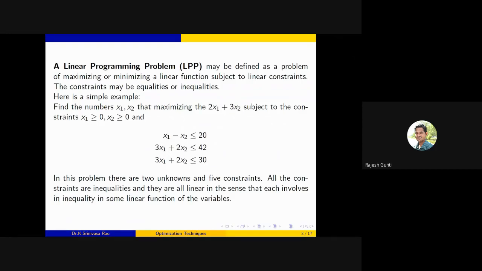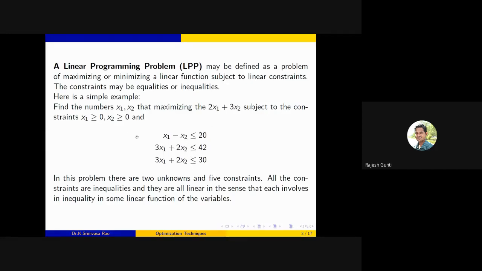For example, take this problem: find the numbers x1 and x2 that maximize 2x1 plus 3x2 subject to the constraints.